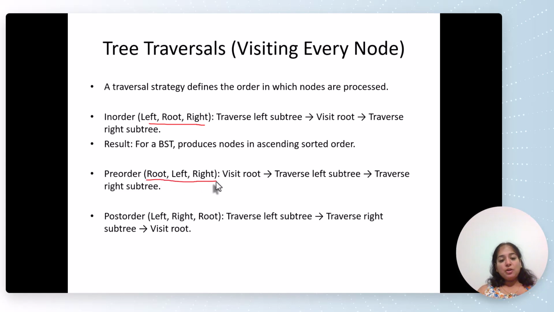And post-order is left node, right node, and root node. So in in-order the root goes in the middle, in pre-order the root goes in the first position, and in post-order the root goes at the end. Now, whenever you traverse a binary search tree with in-order traversal, you will get all the values in ascending sorted order.